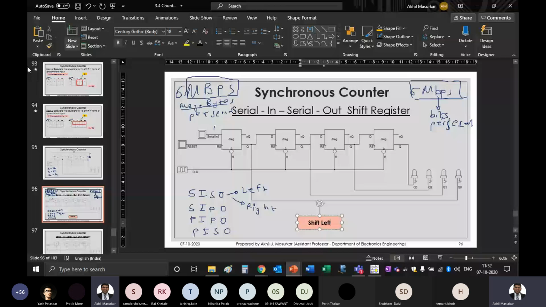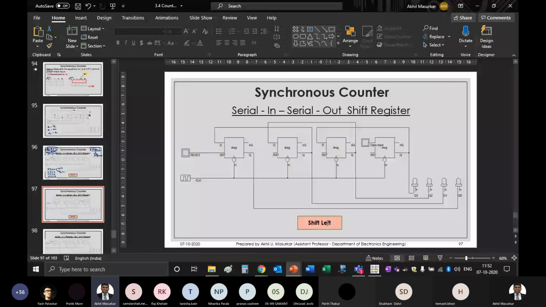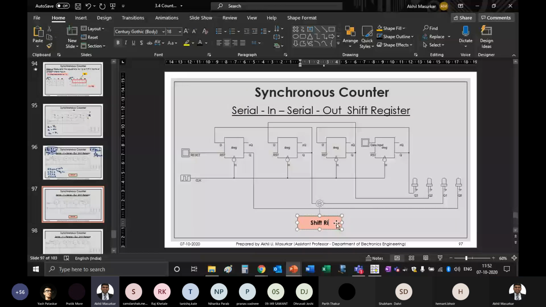And the second one is actually shift right. So please copy this diagram.